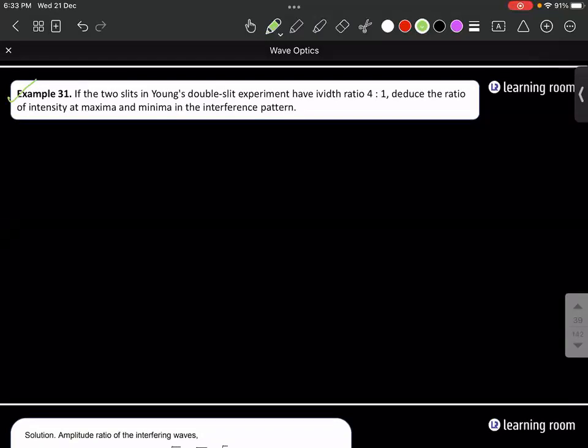If the two slits in Young's double slit experiment have width ratio 4:1, find the ratio of the intensity at maximum to the minimum in the interference pattern. Answer?